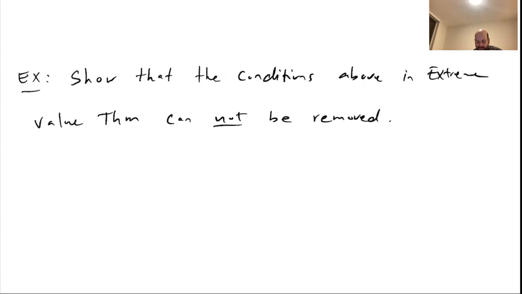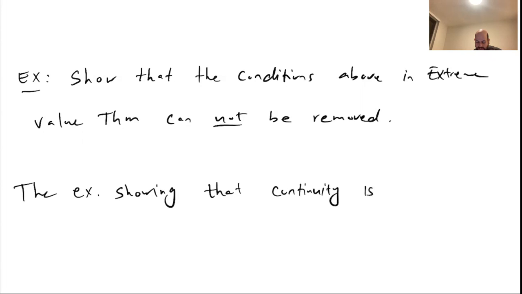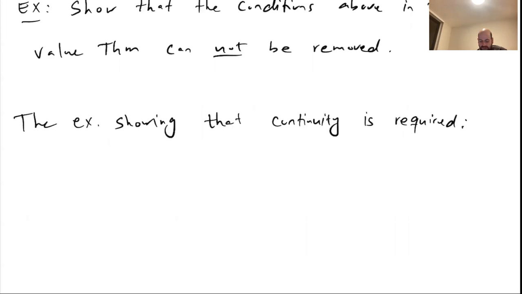So the example showing that continuity is required. Let's look at this example first. Let's say I define f of x equals 1 over x for x not equal to 0, and 0 if x equals 0.